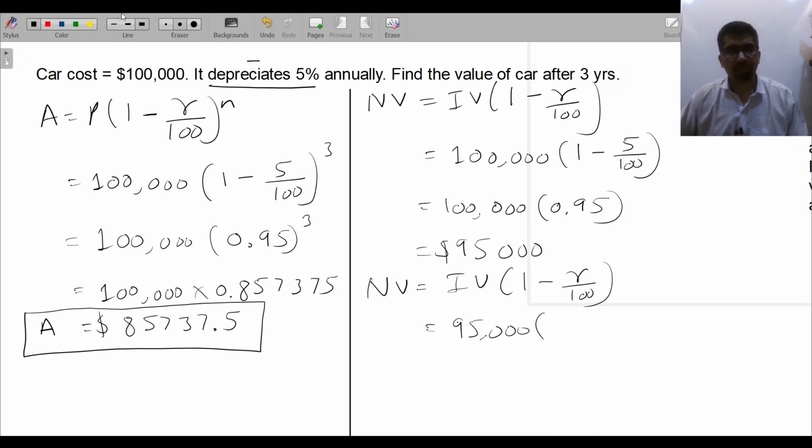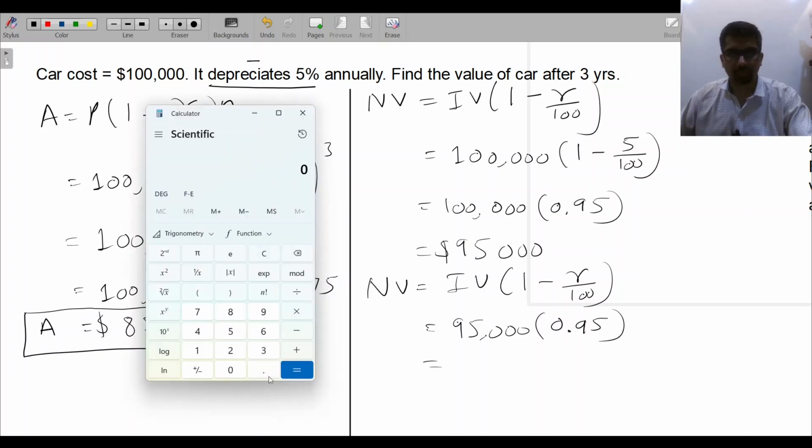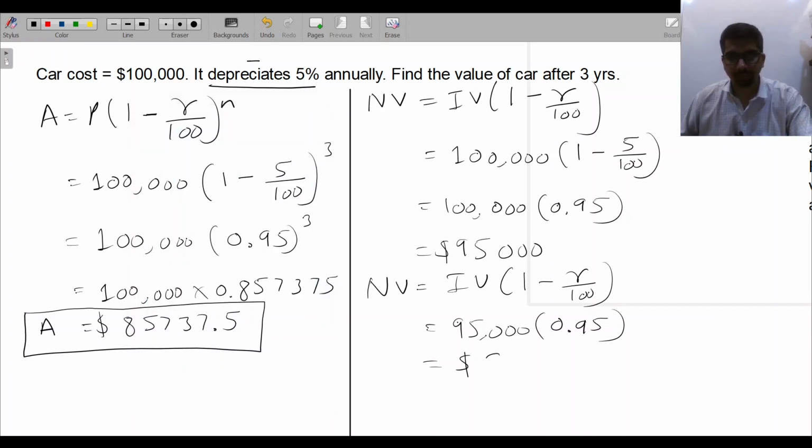This will become 0.95 into 95,000. You get 90,250. So this is the value of car at the end of second year.